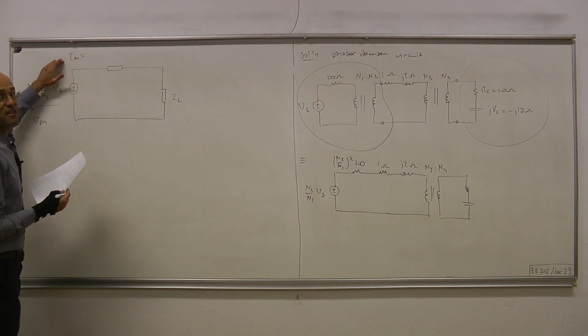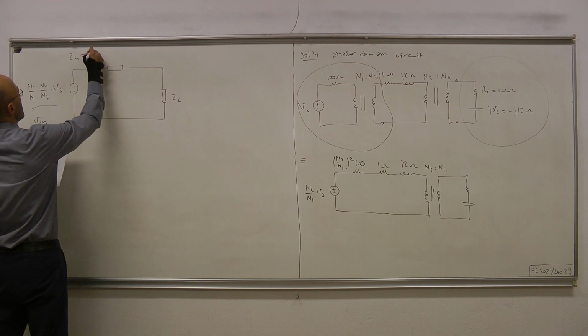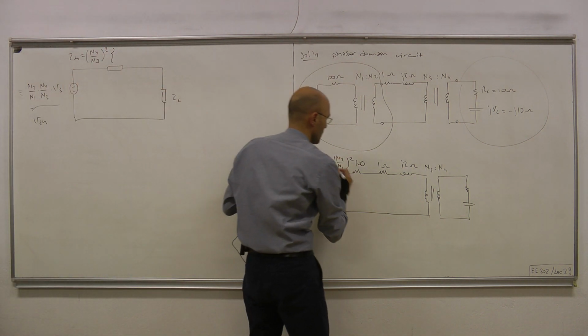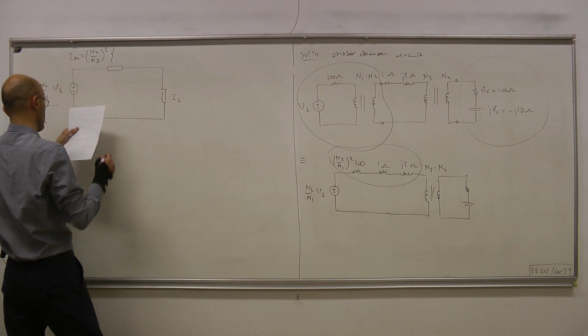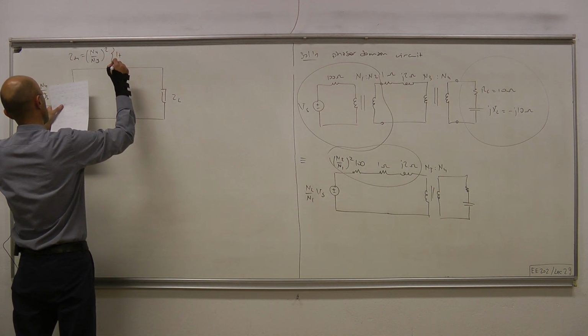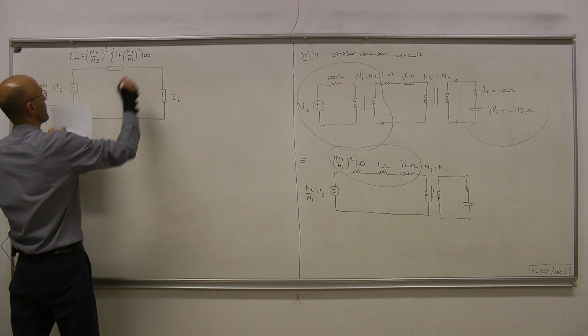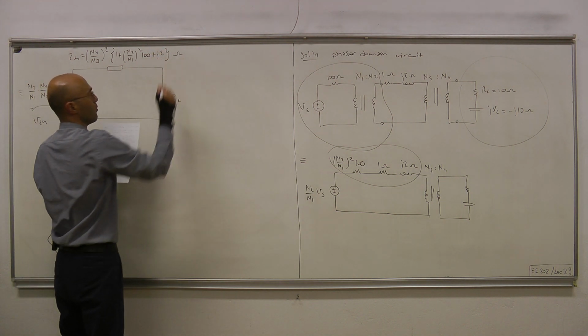So therefore Z Thevenin equals N4 over N3 squared times this whole thing here, which is 1 plus N2 over N1 squared times 100 plus J2 ohms.